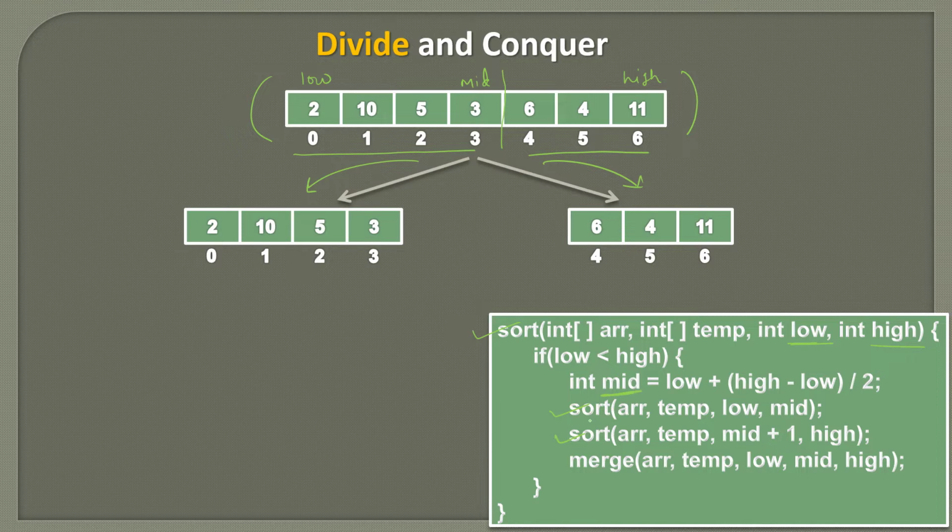As this sort is recursive in nature, usually at the start low points to 0 and high points to the last index. If we calculate mid, it will be 0 plus (6 minus 0) by 2, which will give us 3. So mid comes out to be 3.